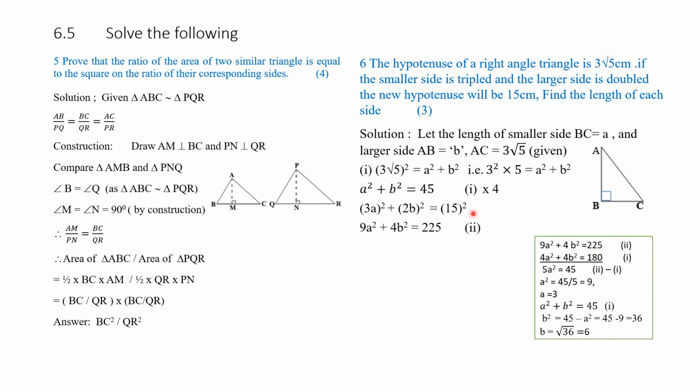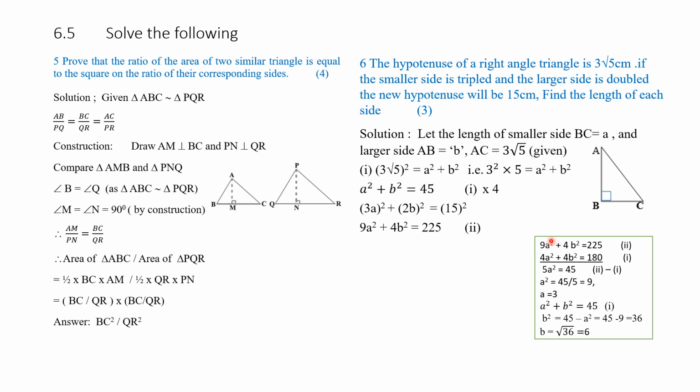Now multiply equation 1 by 4. It becomes 4a square plus 4b square is equal to 4 into 45, which is 180. That is equation 3.